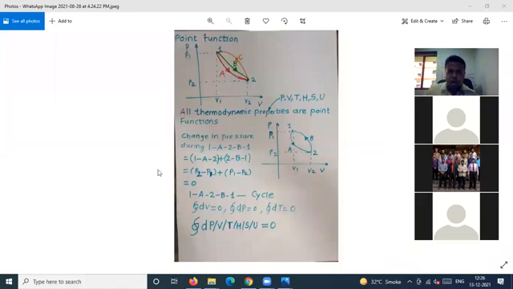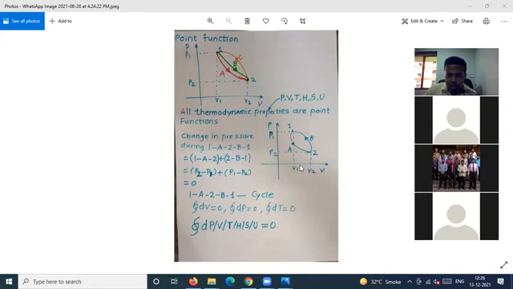See, no need to do this calculation also, right? You can check it here. From 1 to 2, it is decreased. Again, from 2 to 1, it is increased. So there is no change in pressure. A similar thing you can check with the volume. Initial volume was V1, V1 got increased to V2.